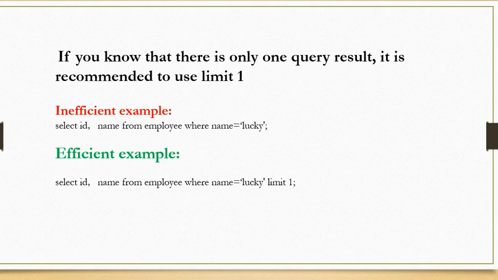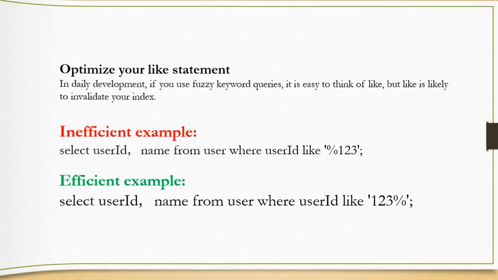The efficient example is to write select ID, name from employee where name equal to Lucky, limit 1. After adding limit 1, when a corresponding record is found, it will not continue to scan down and the efficiency will be greatly improved.